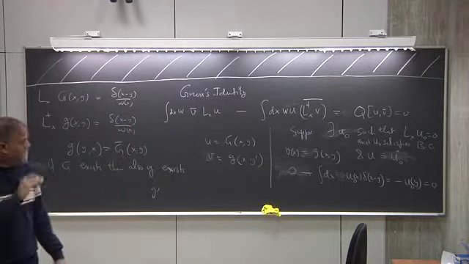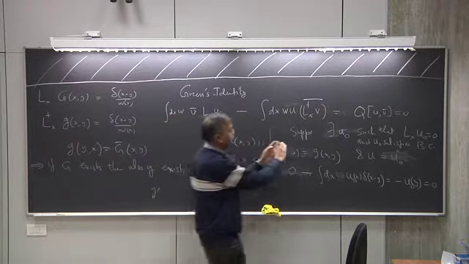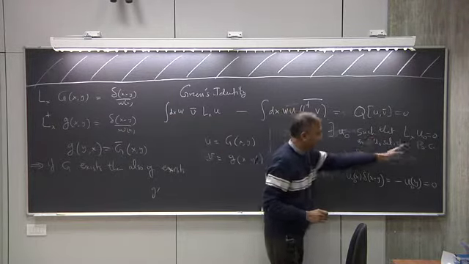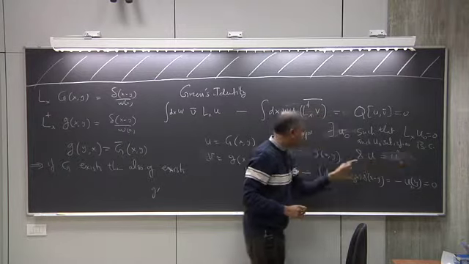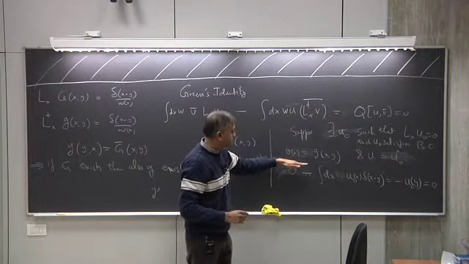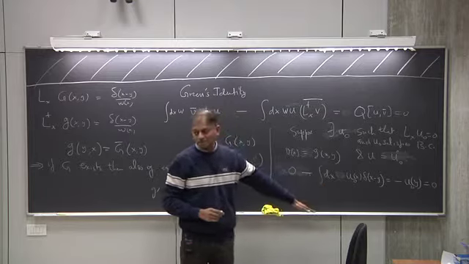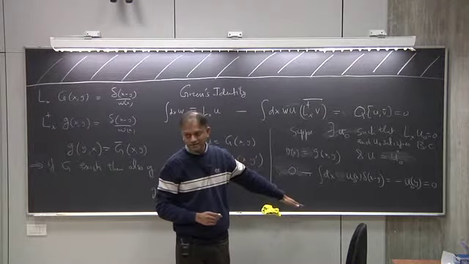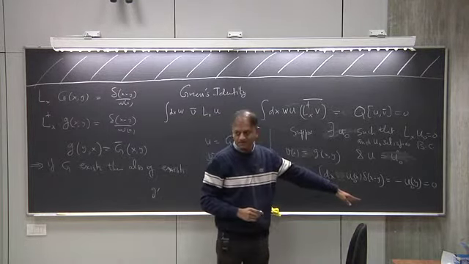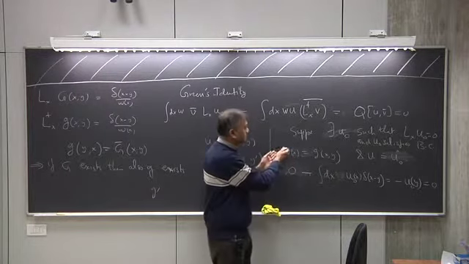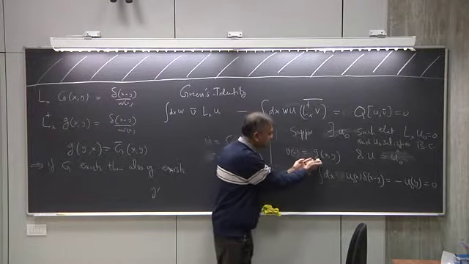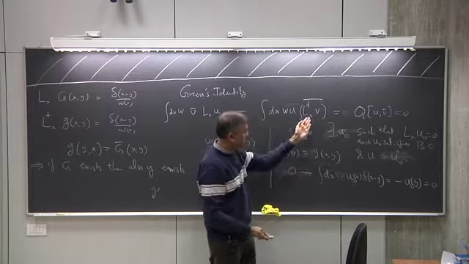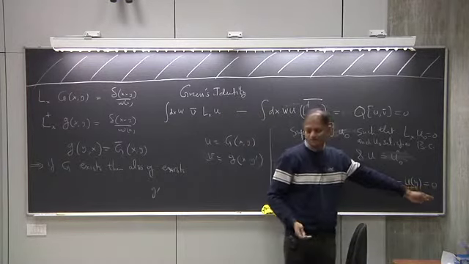The logic is this: suppose that u0 existed which satisfies the suitable boundary conditions. Then this proves that capital G cannot exist, because we have arrived at a contradiction. We said, let's see if the capital G existed, then small g should exist, but then we apply this in the Green's identity, and we conclude that u0 is 0.